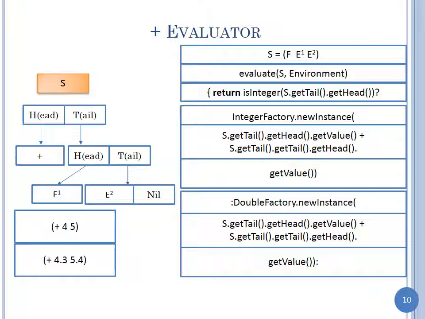And now we've got, I'm trying to do two different pluses in this one plus. It could be an integer plus, it could be a double plus. Let's assume those are the only two kinds of pluses. So I have to figure out whether my first expression E1 is an integer or a double, right?